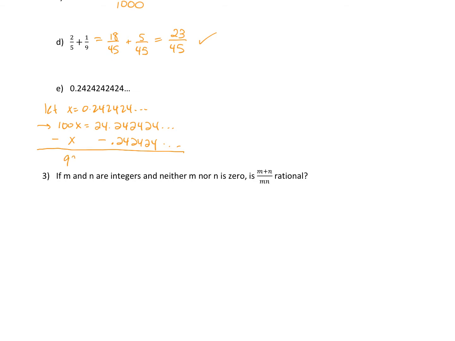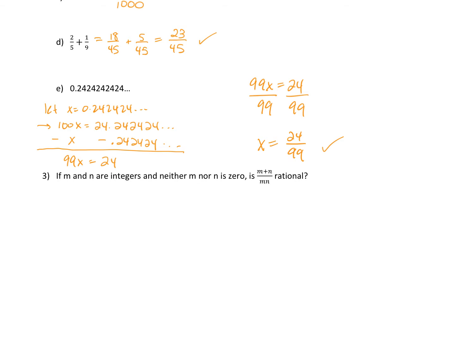So I get 99x equals 24. And if 99x equals 24, I can just divide both sides by 99. And I get x equals 24 over 99. And now I've written it as a ratio of two integers.